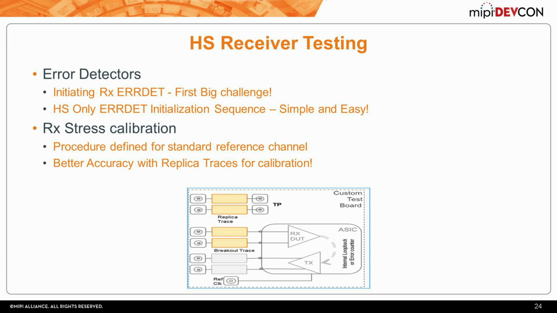So the first big challenge is how to put the receiver error detector to initialize. You have a test equipment, you're trying to generate the waveforms, the amplitude, the stop state, the LP00 state to what your design is capable of.